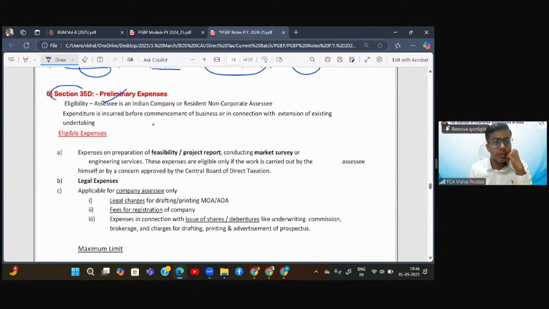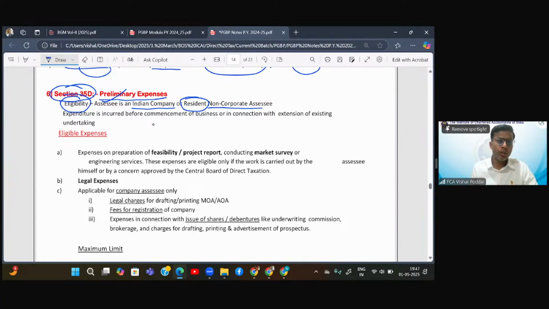Now, section 35D allows deduction for preliminary expenses. We all know what is preliminary: expenses incurred before commencement of business. Here, preliminary expenses which are allowed as deduction under 35D have to satisfy some specific conditions. First, who is eligible for this deduction? You should be either an Indian company or any resident other than a company.